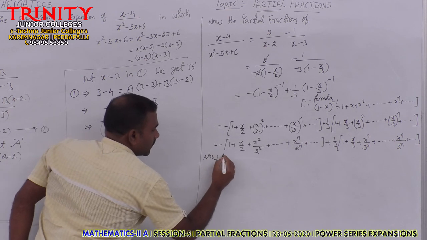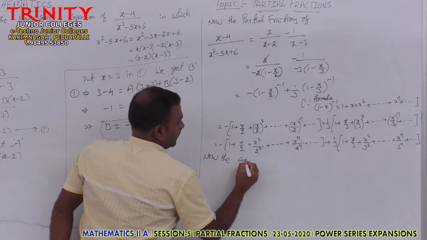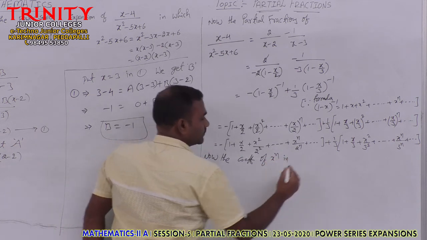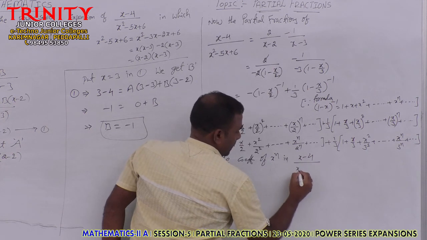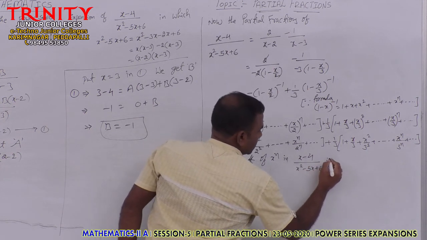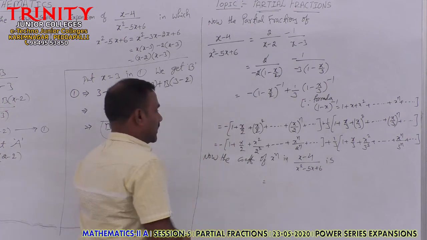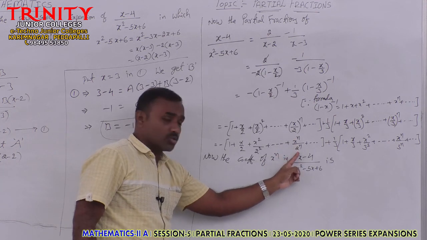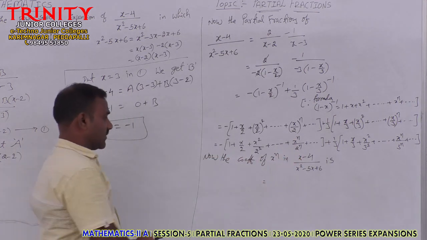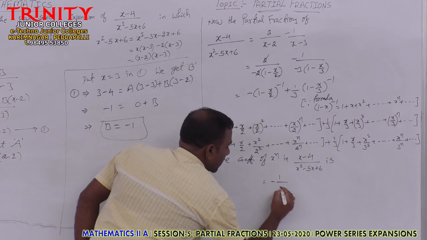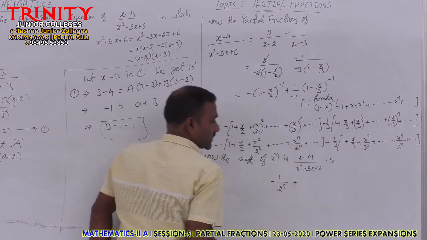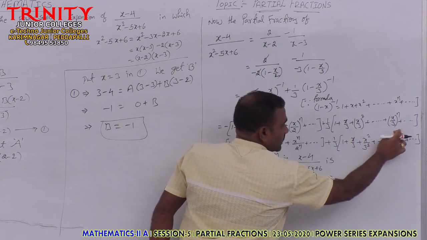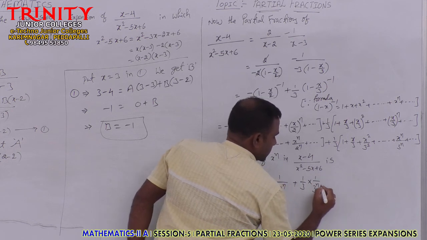Now the coefficient of x power n in x minus 4 by x square minus 5x plus 6 is equal to, here what is the coefficient of x power n in this expression? X power n coefficient is 1 by 2 power n, but before that we have a minus sign, then it becomes minus 1 by 2 to the power of n plus, in this 1 by 3 into, here the coefficient of x power n is 1 by 3 power n.